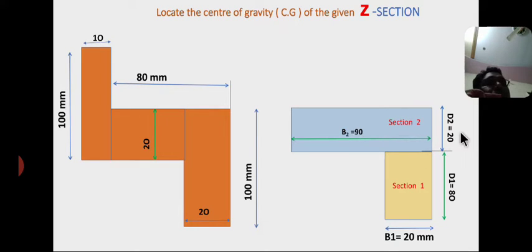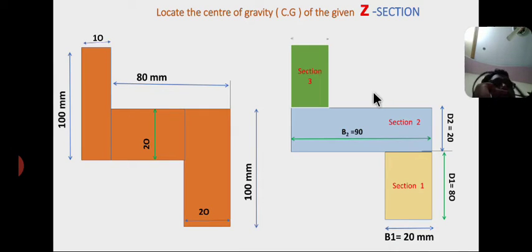This is d2. Now I am considering the third section, from here to here only. Therefore the dimensions are base b3 equal to 10 mm and depth d3 equal to 80 mm.